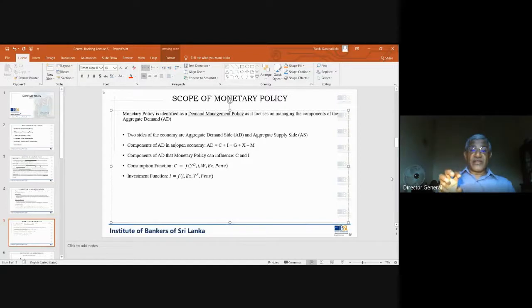Here we are going to take what are the components that central bank can influence directly. 2 components: the consumption expenditure by households and investment expenditure by firms. Components of aggregate demand that monetary policy can influence are C and I.